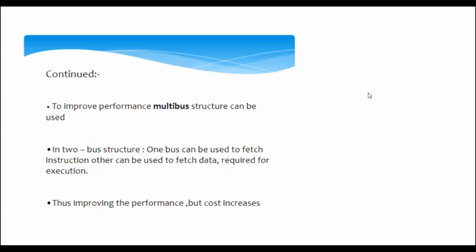Whereas with the multi-bus, to improve the performance, the multiple bus structure can be used. A multiple bus multiprocessor system is a tightly coupled architecture that utilizes several parallel buses to interconnect multiple processors, shared memory, and shared input and output devices.